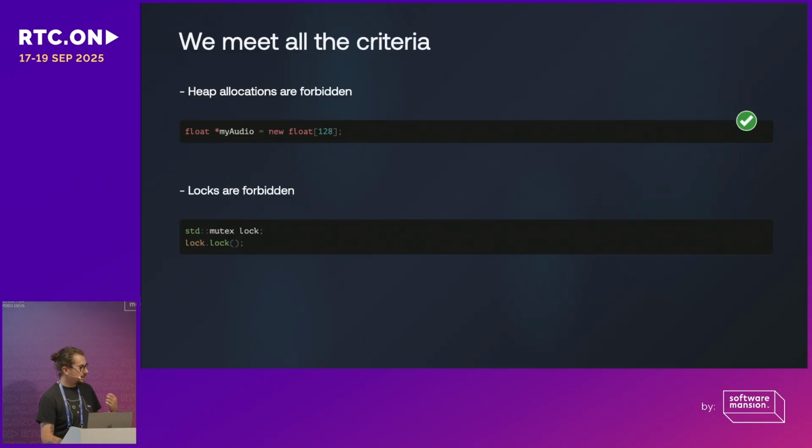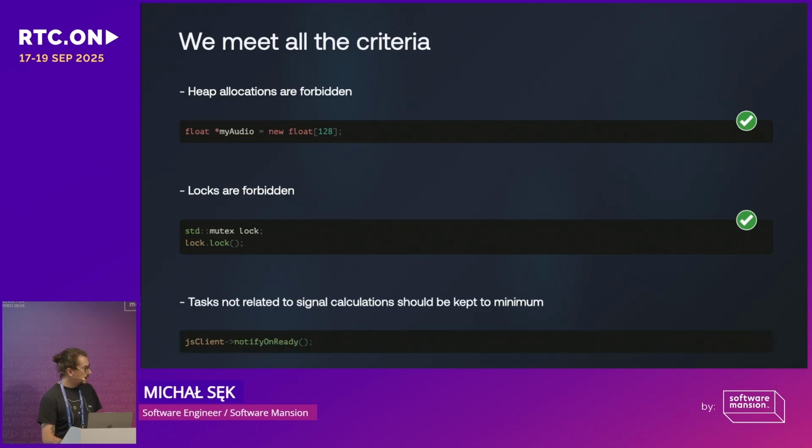We also have everything pre-planned, so we don't need to synchronize between the threads, and we also don't need to use any locking mechanism. And lastly, we are just following the plan, so we don't need to notify anyone or do any additional work.